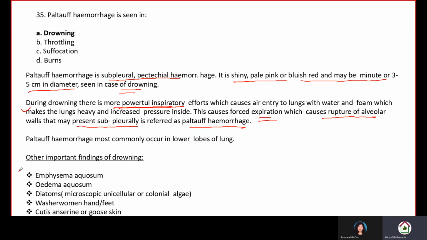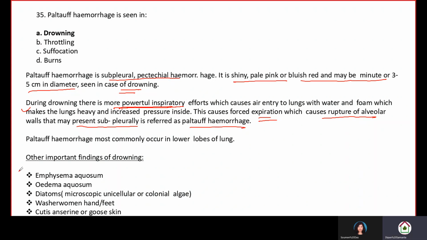Instead, he gets water. But water will not do the respiration, right? So he tries to get air, and while getting that air, the person inspires with full effort and more powerfully.